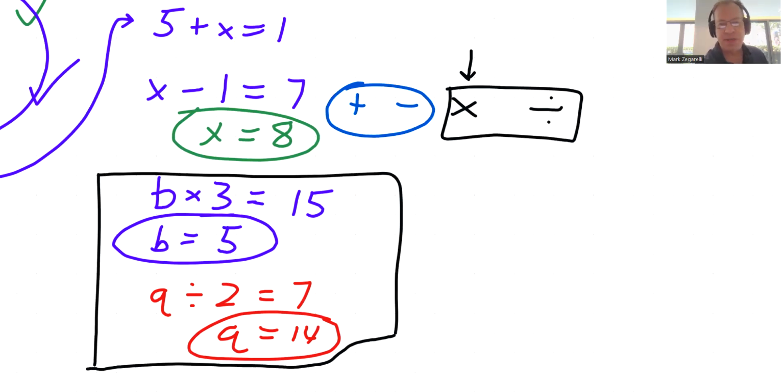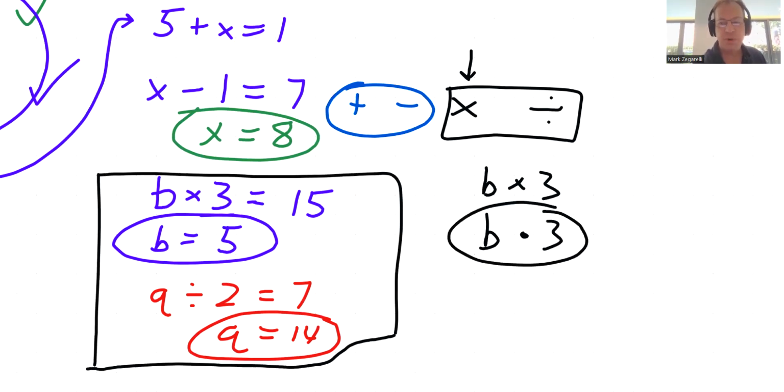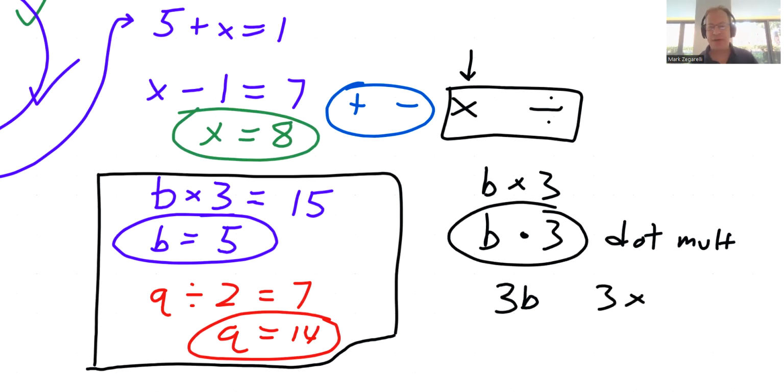Now, I remember in our class you said we might think about changing b times 3 and expressing it as b dot 3. So you're aware of the dot symbol for multiplication. But really, in algebra, so much more, we tend to say 3b to mean 3 times b, or b times 3.